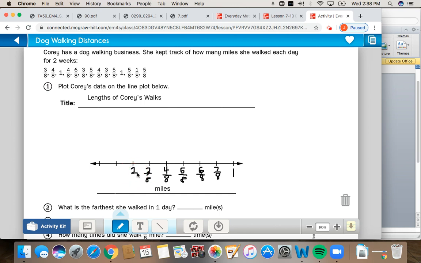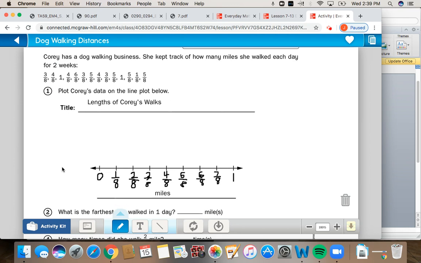This is 2/8. This would be 1/8. And that would be 0. And now I want to go and plot my data.